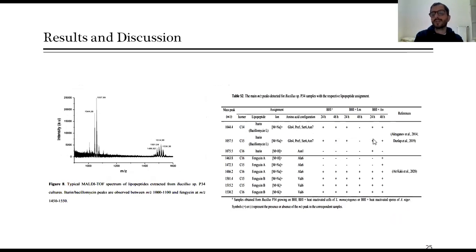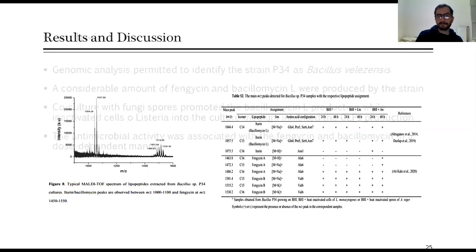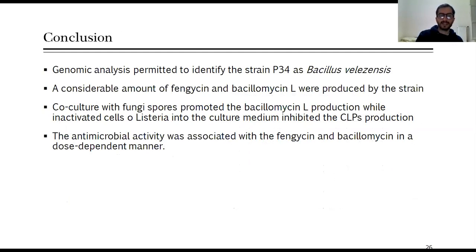And here I reported the presence and the absence in the different co-cultures created in the experimental part. So in conclusion, we can admit that it was possible with this first work, through the genomic analysis, to identify the strain P34 in the Bacillus velezensis group.